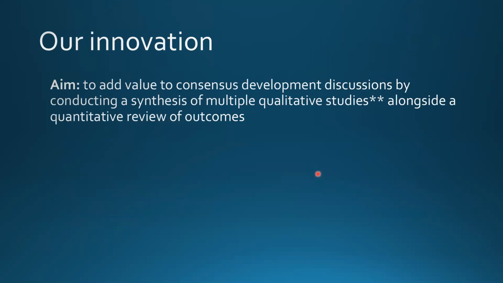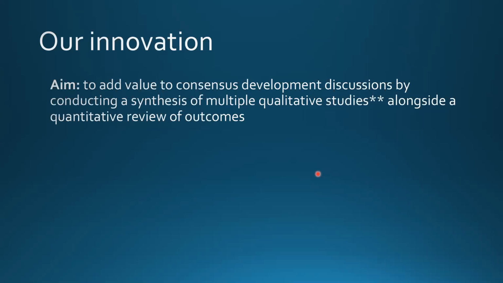So we've got this issue where trials that are related to neonatal care in NICUs report lots and lots of different outcomes. And it's really hard to try and gather the learning together from all of those trials in meta-analysis because they report different outcomes. And on top of that, if we're going to do core outcome set development, we need to do some kind of qualitative research with key stakeholders to understand what the issues are.